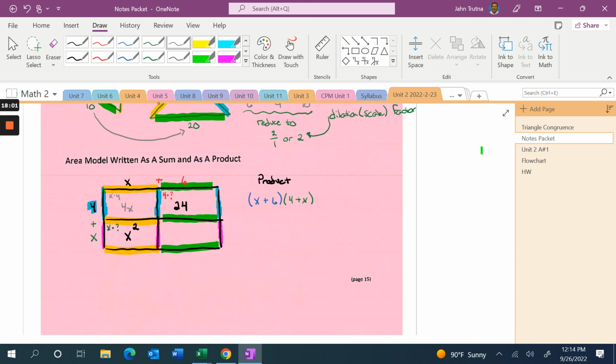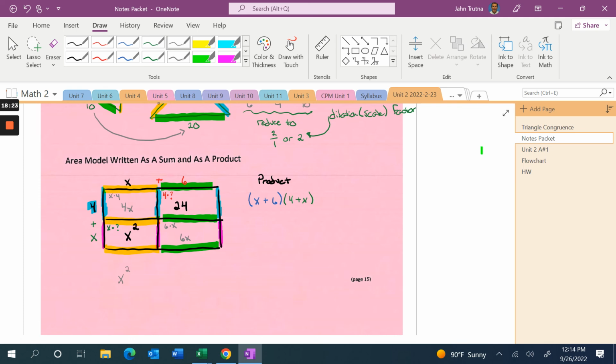So that is 4x. The bottom right rectangle would be positive 6 multiplied with x. So the purple, which is x, multiplied with the green, which is positive 6. That gives me 6x.